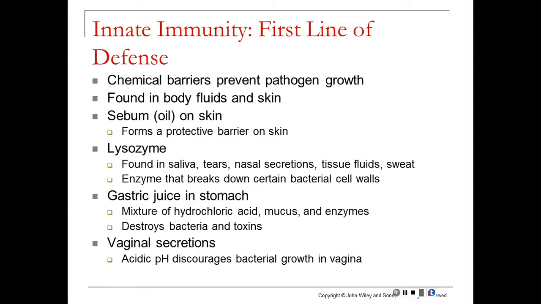It's found in saliva, tears, nasal secretions, tissue fluids, and sweat. It's pretty much in all of your body secretions. The gastric juice in your stomach has that very, very low pH of hydrochloric acid, mucus, and enzymes to help destroy bacteria and toxins before they become absorbed through your GI tract. Vaginal secretions also provide innate immunity. Your vaginas have a very acidic pH to discourage bacterial growth.